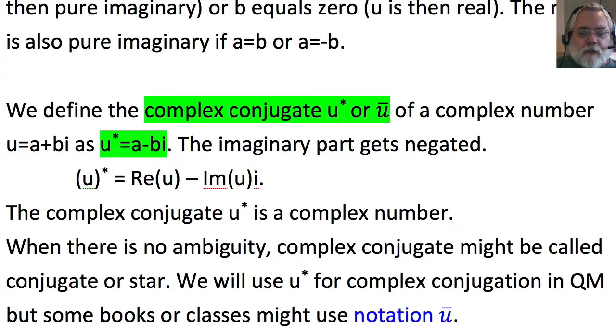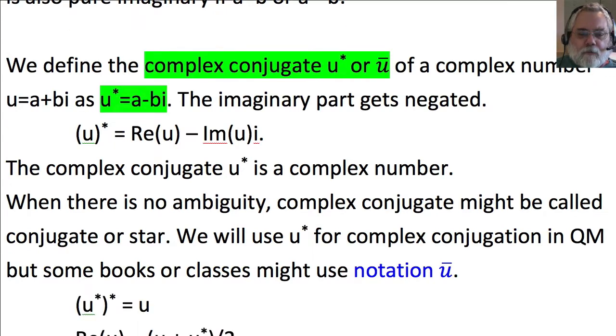When there's no ambiguity, the complex conjugate might be called conjugate or star, and in this lecture, I'll just call it star. We will use u star for complex conjugation in quantum mechanics, but some books or classes might use the notation u bar. However, the over bar is also used to mean the average of a quantity, so it could be confusing. Quantum mechanics will use star for another purpose. We will talk about that in future lectures, but it will be compatible with the complex conjugate use.